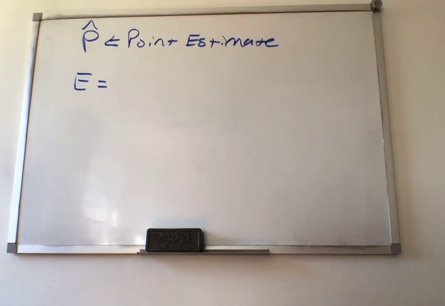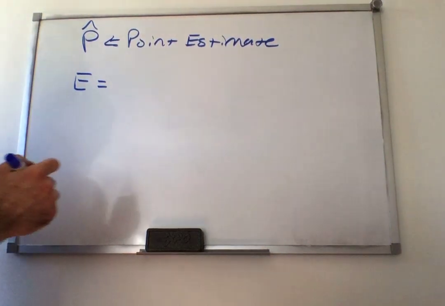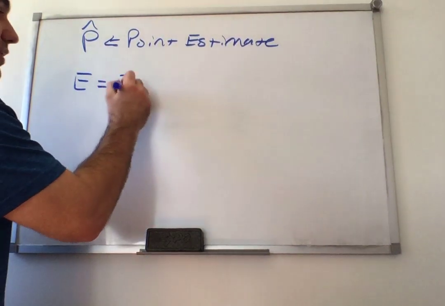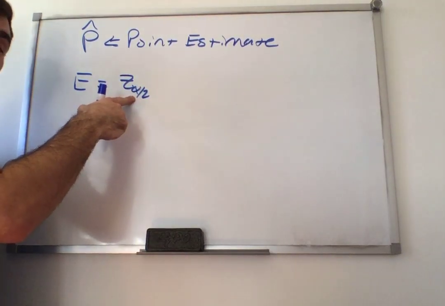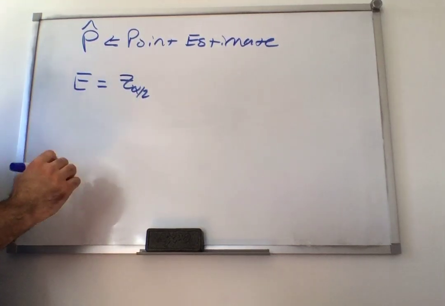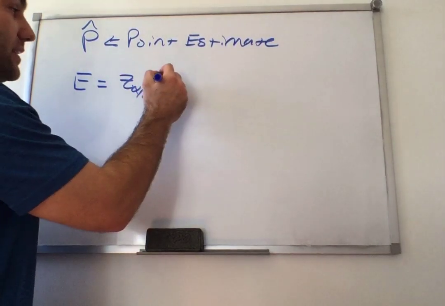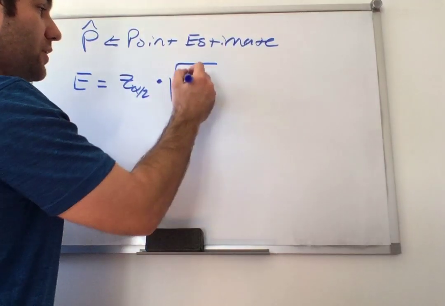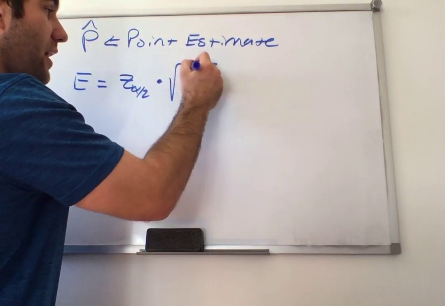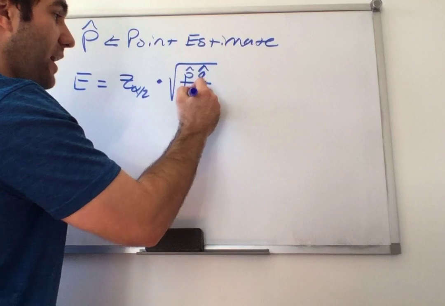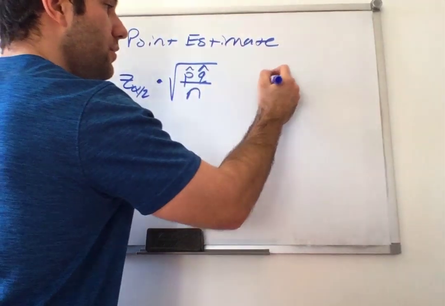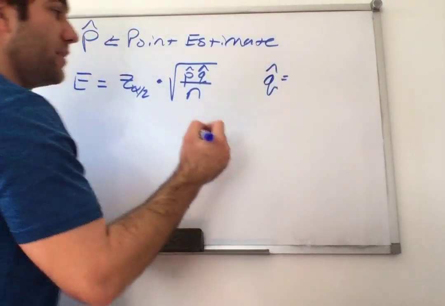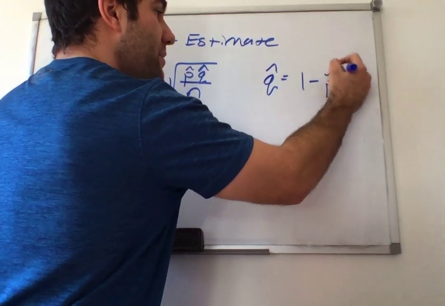It doesn't matter what section you're in. The error formula here is our critical number, z alpha divided by 2. We went over in section 8.2 how to calculate this. I'll still put it up on the board. And then times the square root of p hat q hat divided by n. Okay? And if you recall, q hat is just going to be 1 minus p hat.